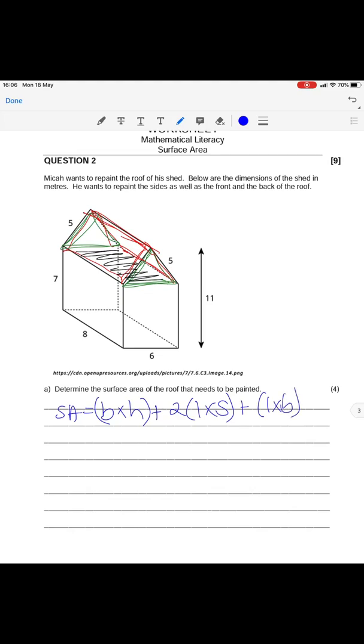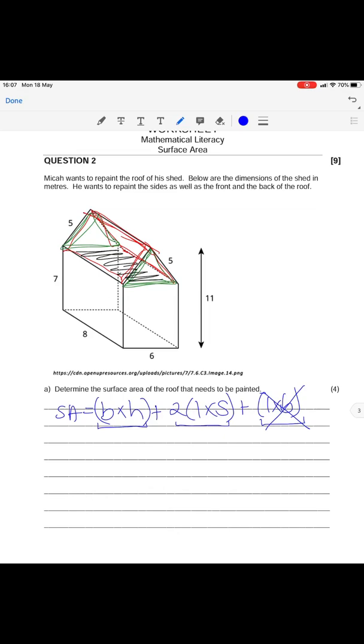But you will have to edit that formula because you're not going to need all of the components. Remember, this breadth times height refers to the two green triangles, and this 2 length times side refers to the 2 red sides of the roof, but this length times breadth refers to the ceiling component, which we are not going to need. So you would edit your formula and use that which is left remaining.